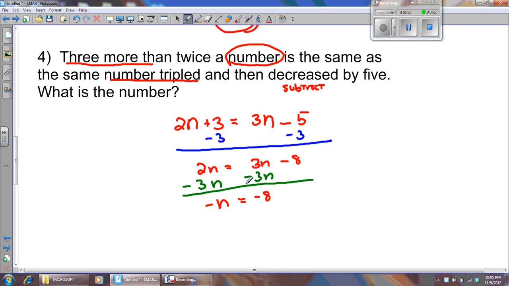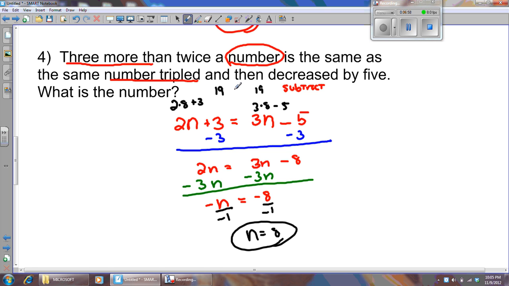And then I'll divide by negative 1 on both sides to get n equals 8. Now, you know what? That seems almost magical. Let's check it. 2 times 8 plus 3. Well, that'll be 16 plus 3, that's 19. All right? 3 times 8 minus 5. Well, 24 minus 5, 19. And they are the same, so it checks.